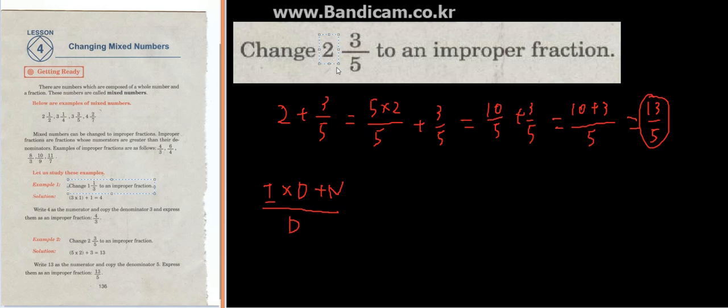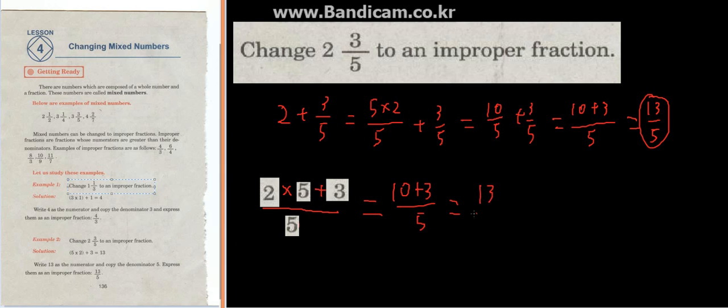If we do this, this 2 here is the integer, 3 is the numerator, and we put the denominator, which is 5, and another 5 down here. So if you calculate, 2 multiplied by 5 is 10, plus 3, over 5. So this becomes 13 over 5, and the answer is just the same.